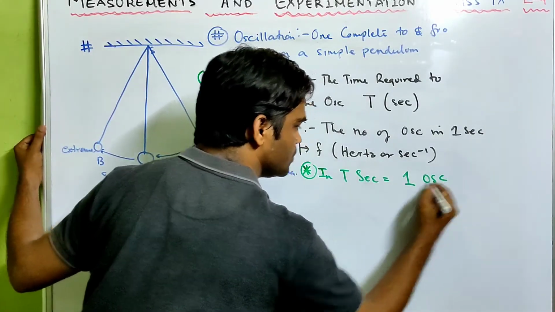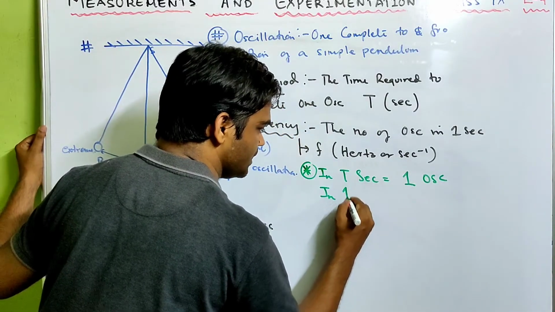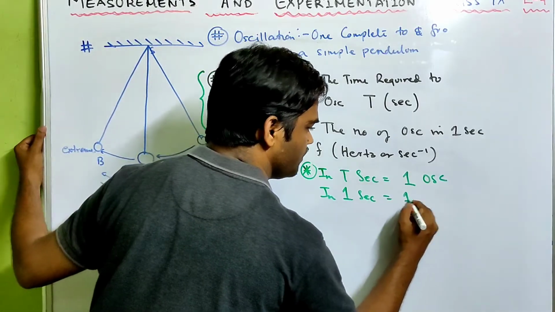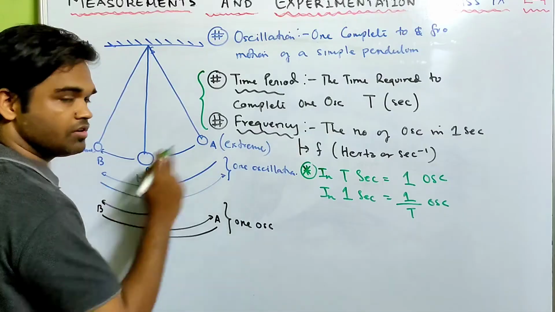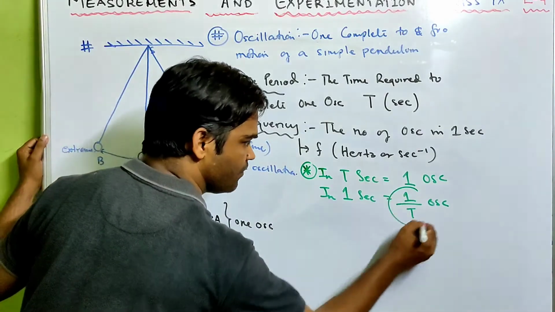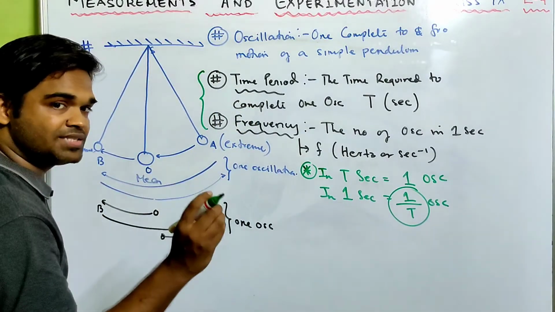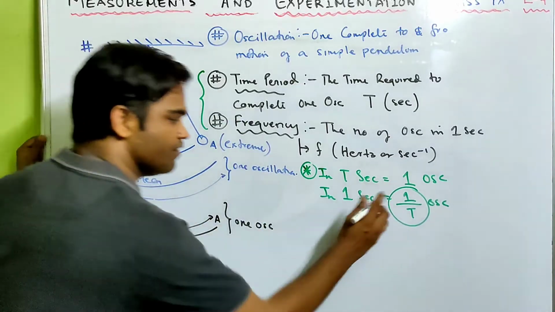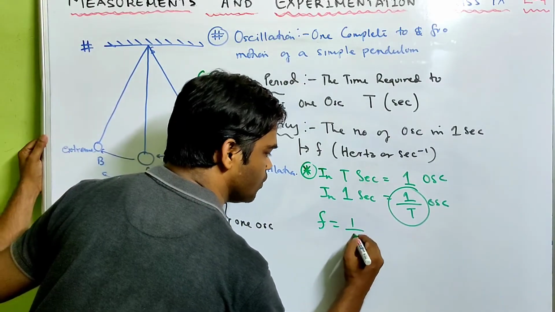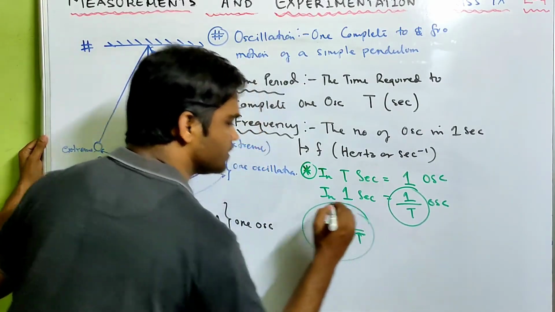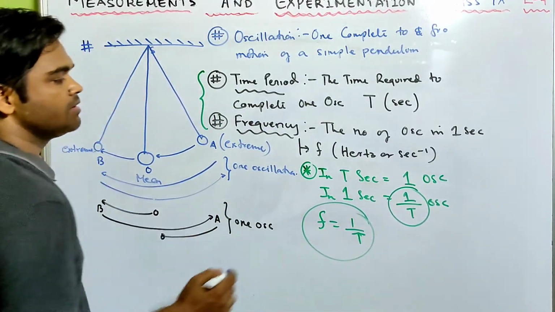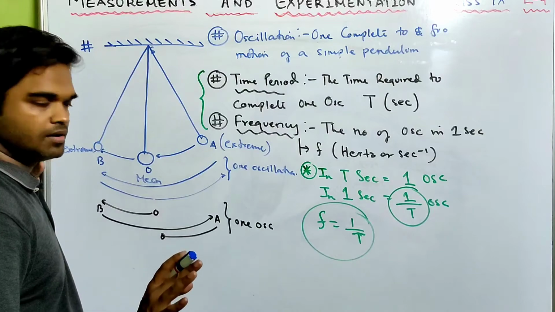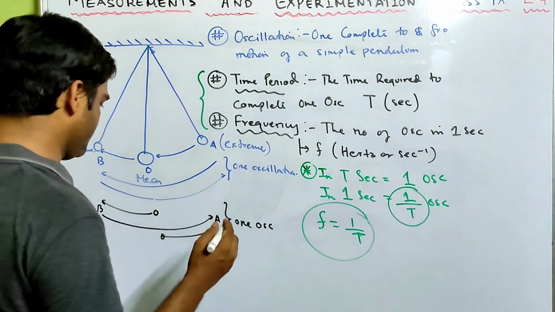So in 1 second, the number of oscillations will be 1 by T. And according to the definition of frequency, the number of oscillations in 1 second is nothing but frequency, which means frequency is equal to 1 by T. This is a very important relation which we are going to use while solving sums. Clear?